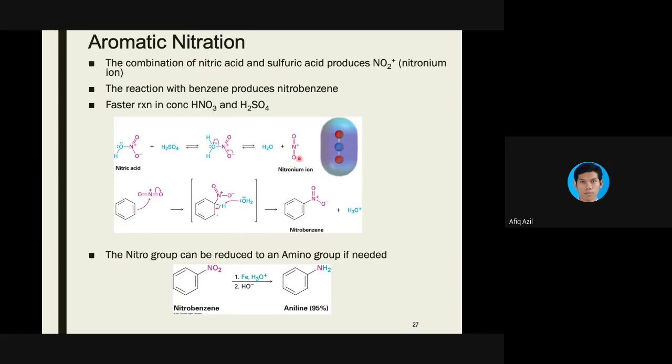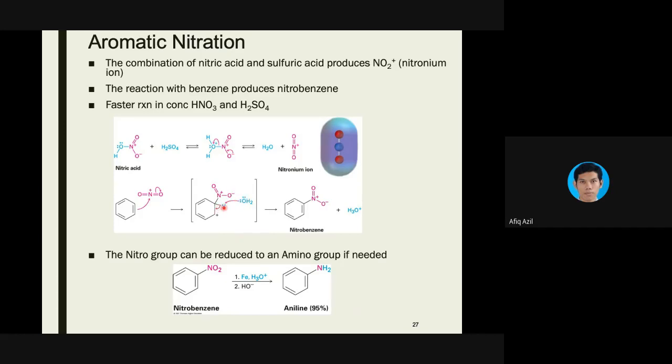Once you have this, then the benzene ring can attack the positively charged nitrogen. So a new bond is formed between carbon and nitrogen, and this H2O from here will come and take the hydrogen. Basically the same step as in bromination, where the anion will come and take the hydrogen.